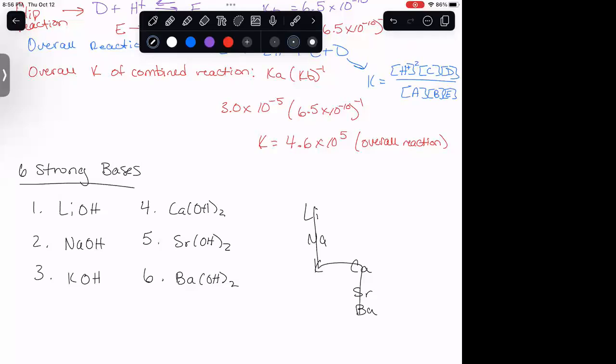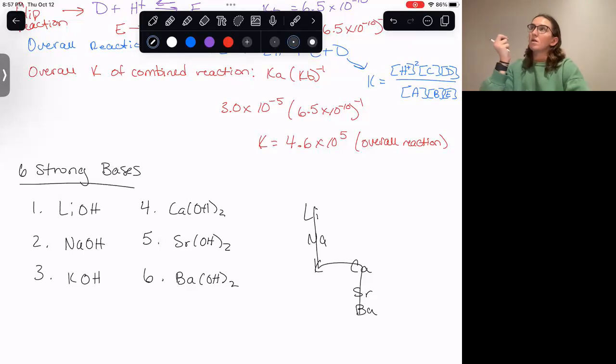Quick question. Go ahead. Is calcium the stronger base compared to potassium? Or does that trend not work the same way for the acidic side?